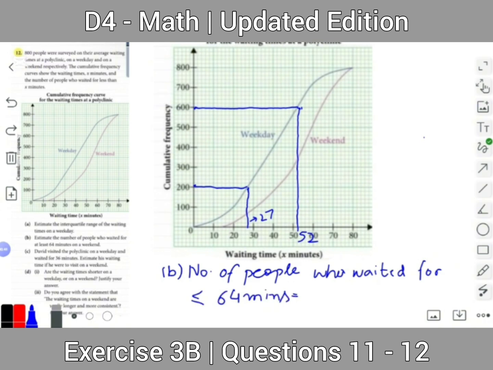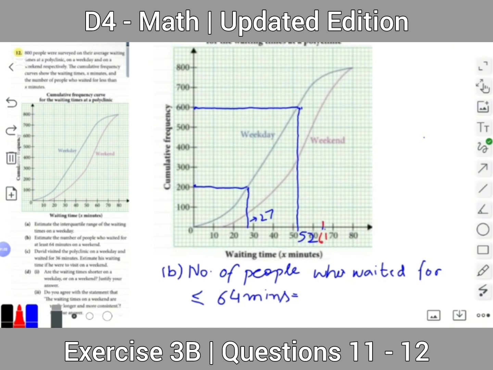So now we will look for the cumulative frequency corresponding to the data value along the x-axis. So for 64, here we have 62, and somewhere here we have 64.